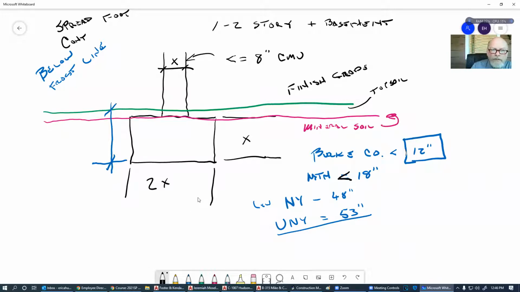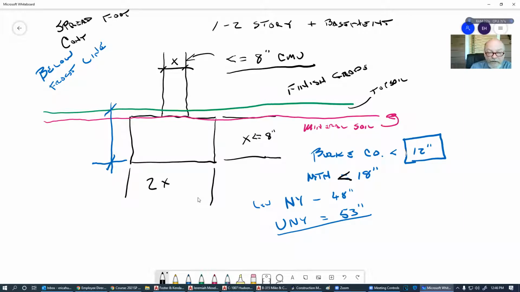Because this is a minimum foundation wall of 8 inches, that also means that this X here, which is equal to the X up here, also cannot be less than 8 inches. So it's got to be greater than or equal to 8 inches in thickness.